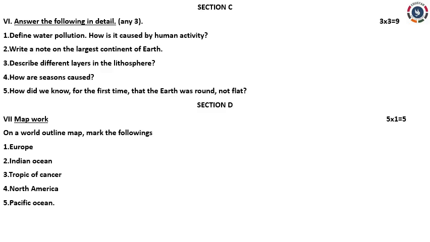Buy a world outline map and mark the following. I have given Europe, Indian Ocean, Tropic of Cancer, North America and Pacific Ocean. And don't forget to write your roll number on the map and use pencil to mark. Is it clear, students?